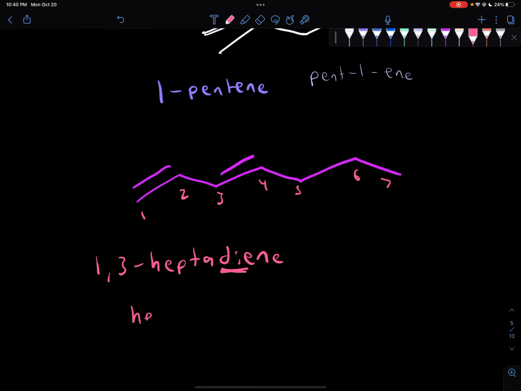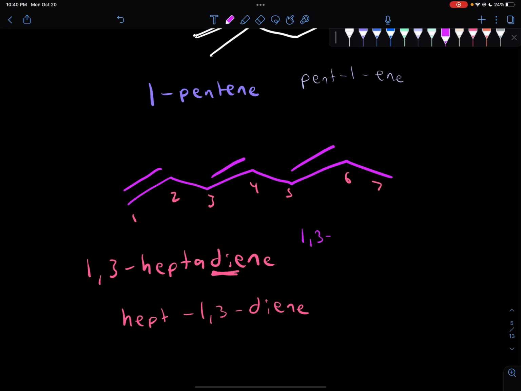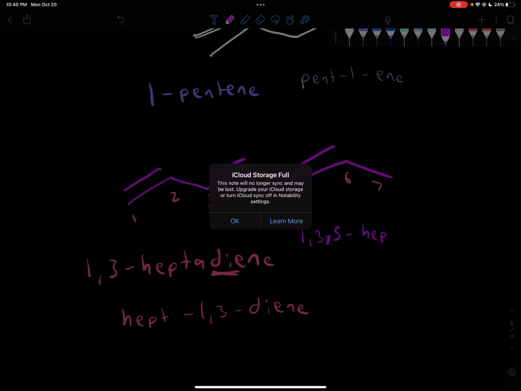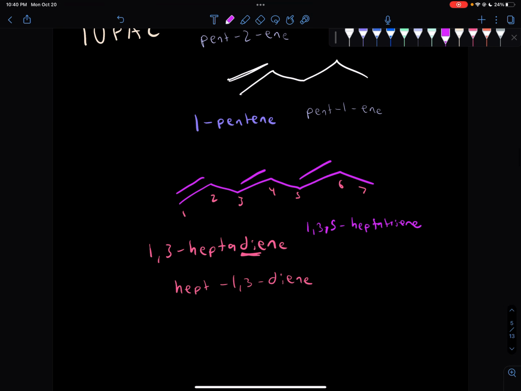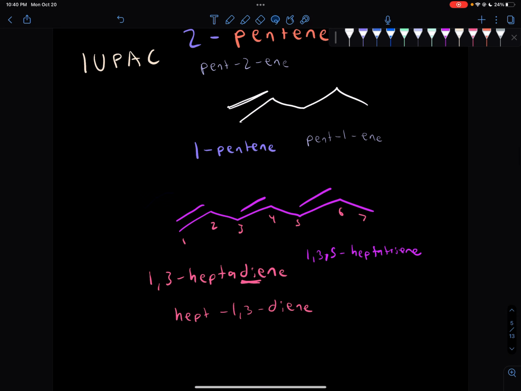Or if you want, you can call it hept-1,3-diene, same thing. And then if you had a third, it would be 1, 3, 5 heptatriene. So it's just the usual, right? You should remember this type of thing from your IUPACs from before. The same thing follows. Okay, cool.